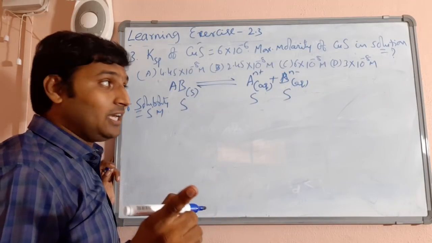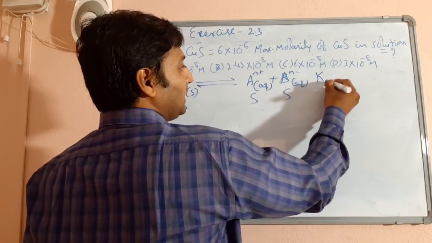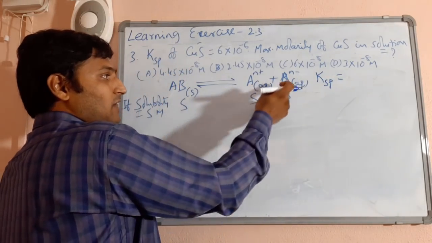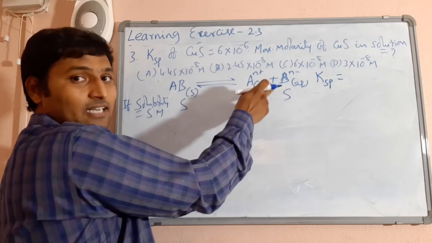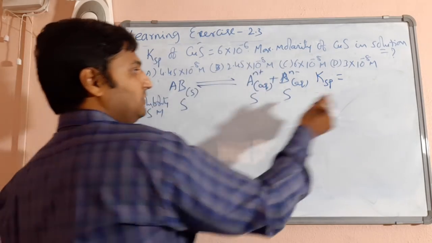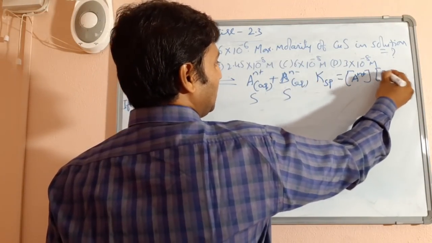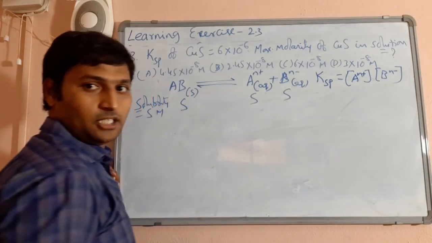Now I have already explained the expression for solubility product. Solubility product is expressed as the product of concentrations of ions in the dissolution equation raised to the power of their coefficients. Here the coefficients are 1 each, so Ksp is the concentration of A^n+ times the concentration of B^n-.